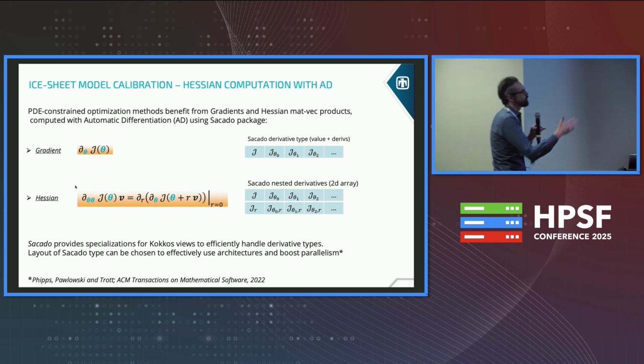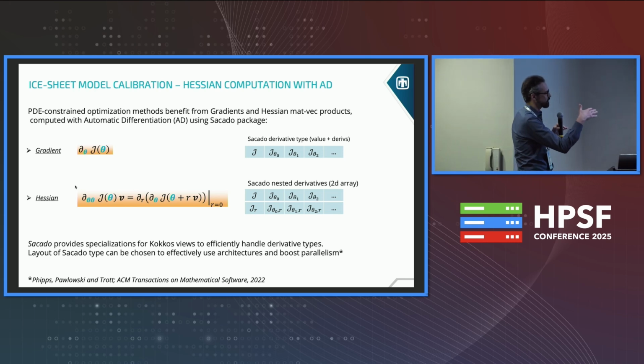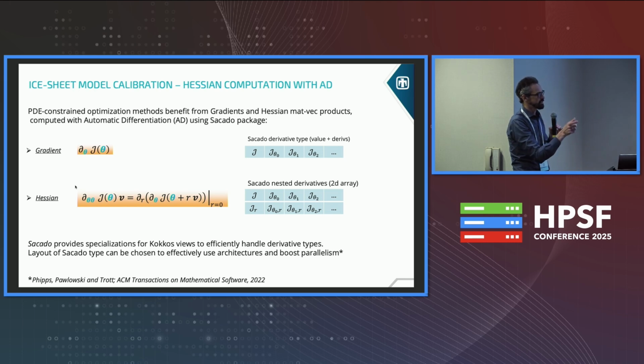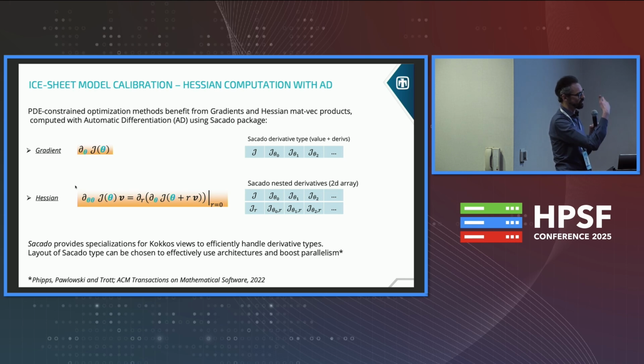And when you want second order derivatives, like the Hessian, we use this kind of expression, and so use these nested derivatives in Sacado, which becomes like a two-dimensional array in this case, where you again store the value of the function, the first derivatives, and then the second derivatives.